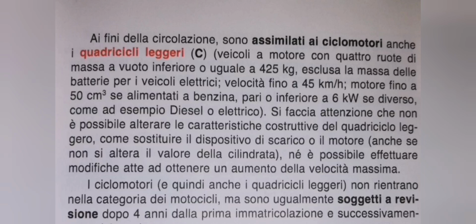Esclusa la massa delle batterie per i veicoli elettrici, velocità fino a 45 km all'ora. What they are saying here is that if it is an electric quadriciclo leggero, the weight of the battery is excluded from this weight indicated here.